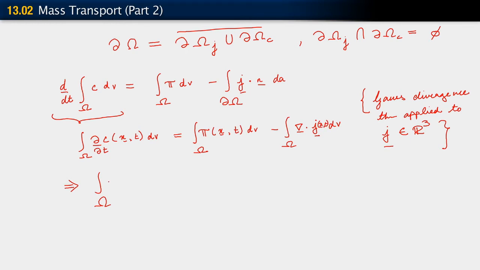So we have integral over omega of the partial of c with respect to time minus pi plus the divergence of J, dV, equals 0. And now we will invoke our localization argument.